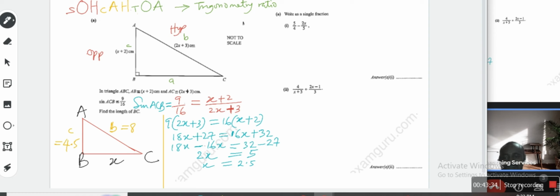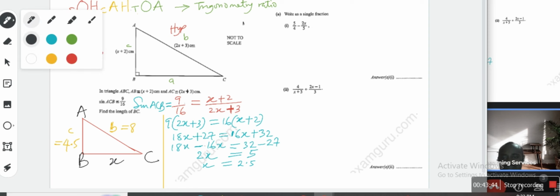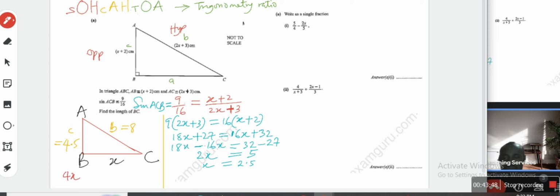The sum of the squares of these two sides equals the square of the longer side. So I think we would have written 4.5 squared plus x squared equals 8 squared, right? Pythagoras theorem.